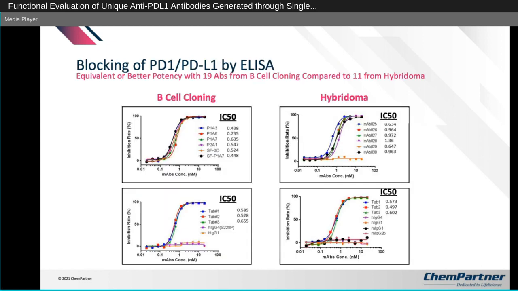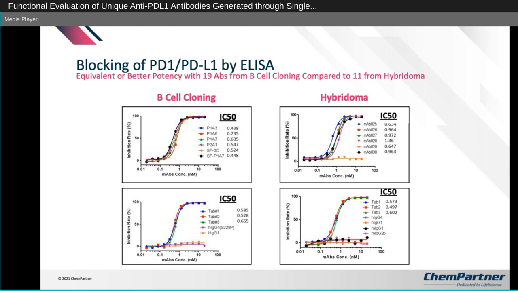So here you can see the blocking assay done by ELISA on the purified antibodies identified by the B cell cloning approach as well as the hybridoma approach. The assay was done to evaluate the inhibitory activity of these antibodies by preventing the interaction between PD-L1 and PD-1.